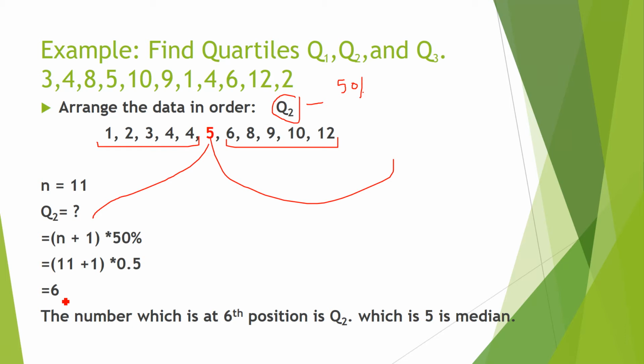Because we are learning measures of position, it means the number which is at the sixth position. So 1, 2, 3, 4, 5, 6. 5 is at the sixth position, so this is the median. If we count from here, 1, 2, 3, 4, 5, the median you can count either way, from here or here, because it is the central value. So this is the simple formula, n plus 1.